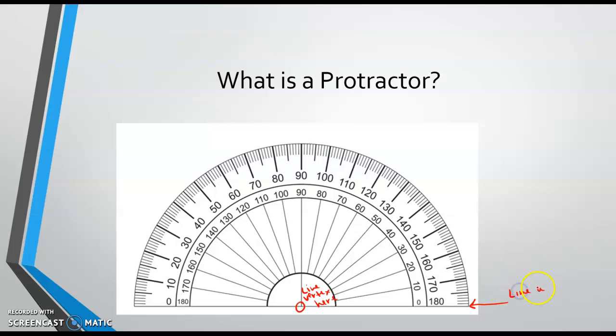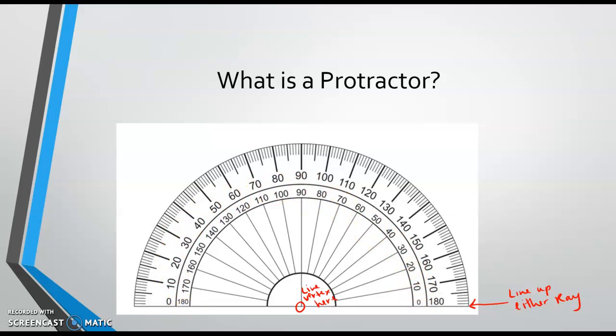You could line up either ray. If you line it up with this one, then your angle should be coming this direction. But if we line it up with this one, then our angle is going the opposite, from left to right instead of from right to left. It doesn't matter which way you line it up, whichever way is easiest, because this protractor and most protractors measure both directions. On top they go from left to right, and on the bottom, slightly smaller, they go from right to left. So you can measure it either way.